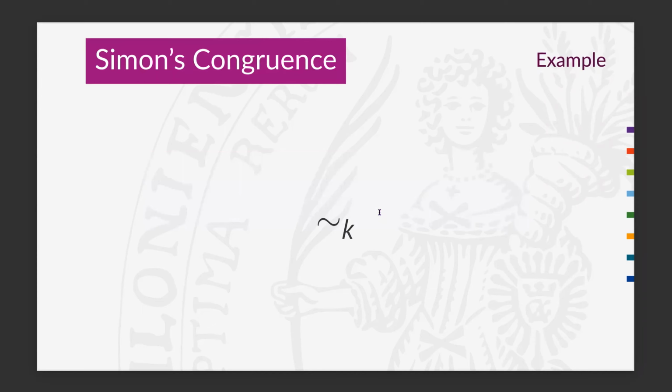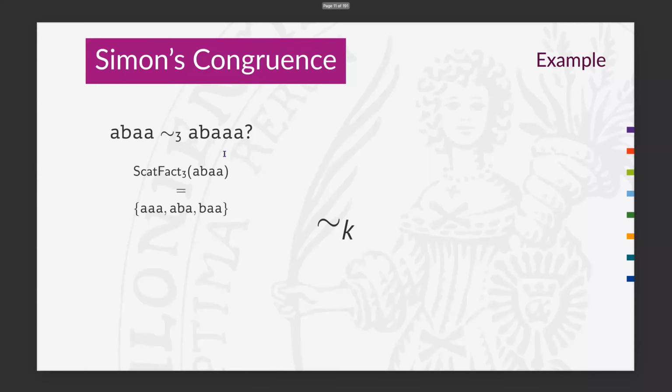Tightly related is Simon's congruence. It's a congruence on scattered factors, and what you ask is, do the two given words have the same scattered factors of lengths up to 3? So let's have a look.